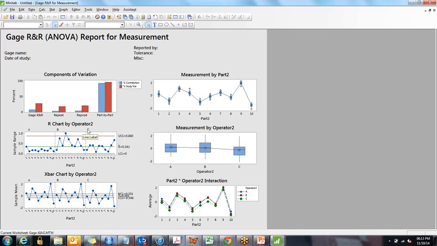R chart by operator. Should the values be within the control limits or outside the control limits for operator? Should be within the control limits. Absolutely correct. But there is one point falling outside the limits.